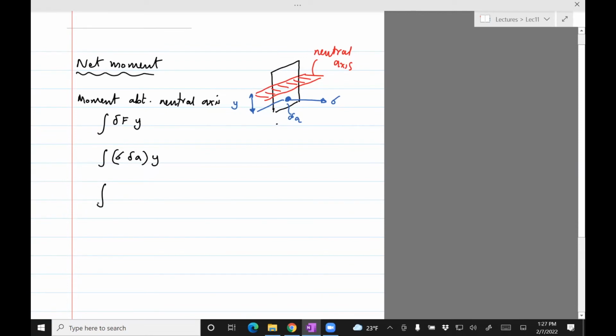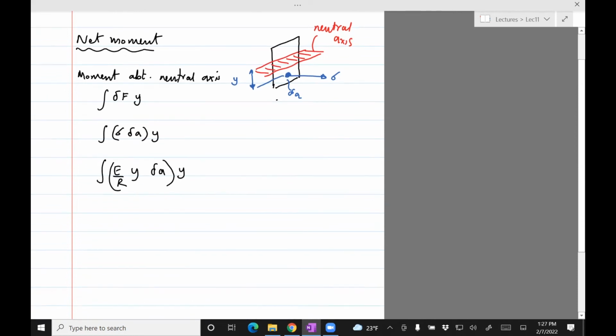Sigma is E divided by R times y. And so we can pull the E divided by R out of the integral, because E is a constant, and the radius of curvature is constant once you fix the moment.